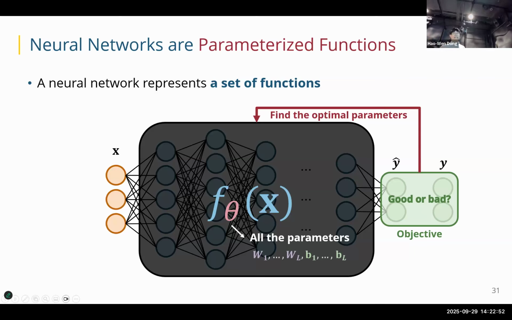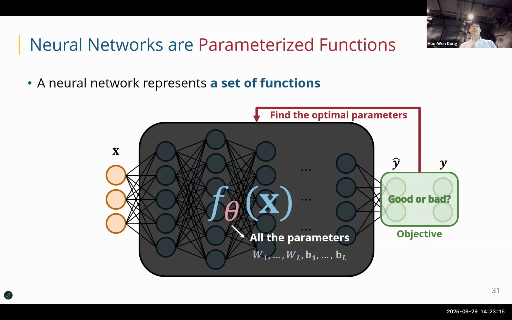So this figure basically shows the key components of a deep learning model. Again, a neural network is not a single function. A neural network is only a single function when you have specific weights and bias. So a neural network will represent a set of functions.